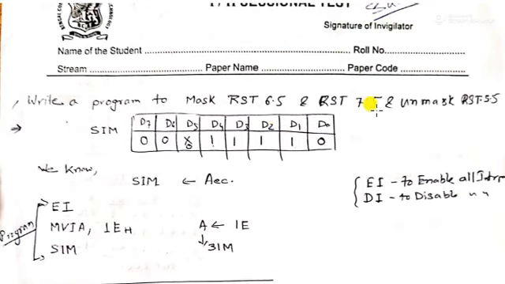RST 7.5 is masked. The D2 bit is for RST 7.5, it is masked. And an extra bit is there for RST 7.5, that is the D4 bit. This is the extra bit for RST 7.5, and you have to mask it here, so it is 1 for that. Now we have to enable these bits by the D3 bit.